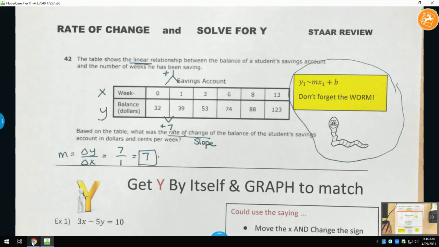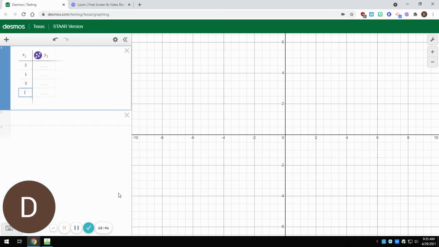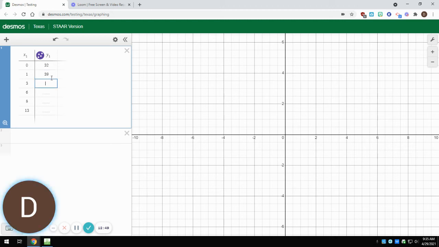So I'm going to take us through that just so we have a little refresher. To put in a table, we hit the plus sign, select table, and then we're going to type in our data points, using all of the information that they gave us in the table. And then we've got 32, 39, 53, 74, 88, and 123.